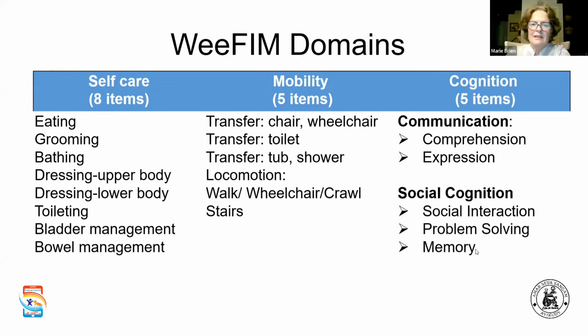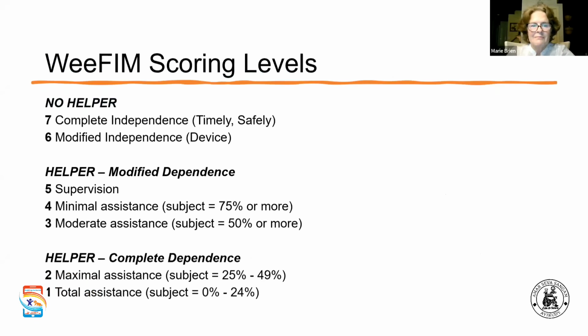So those are all the domains of the WeFIM, which is a worldwide accepted tool. And it looks at all self-care, mobility, but also the communication and social cognition items.